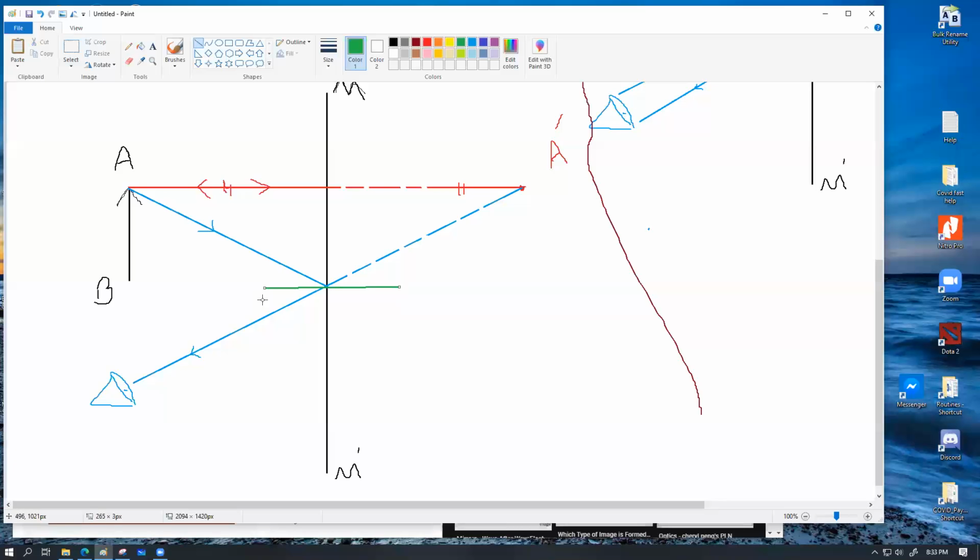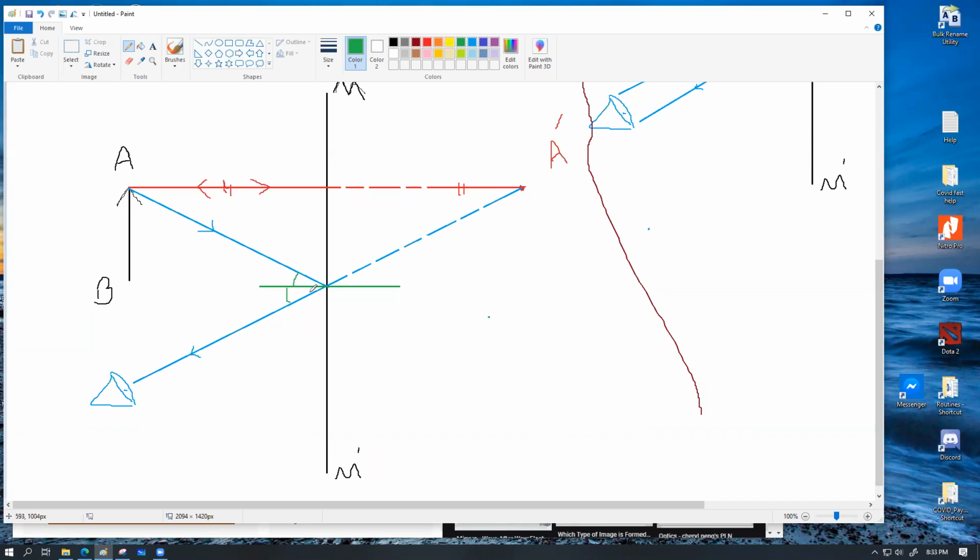A very big normal is not needed. You can draw a small normal, at least one which is visible on both sides of this figure, and always use sharp pencils for all sorts of drawing, not exclusively for your optical drawing, but sharp pencils are an essential thing. So you can draw over here only one angle sign, that this one is equal to this one. Then that is good, and that would be good enough to complete this figure.